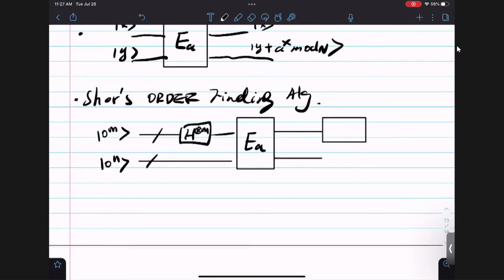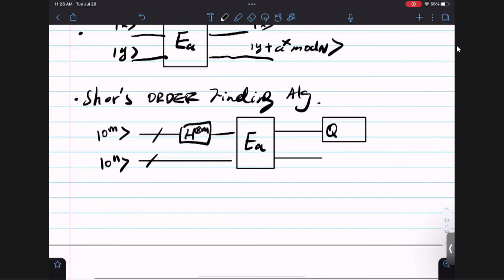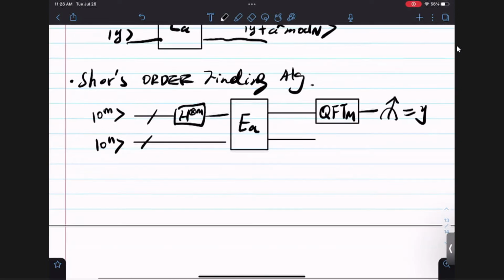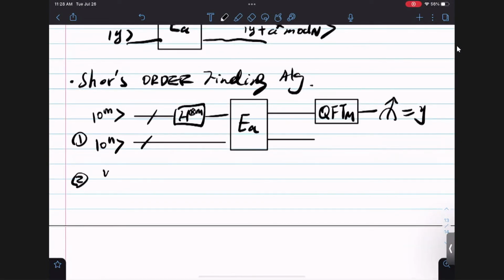The quantum Fourier transform, right? That's what we will need here. And after that, we measure, get some classical string. So again, this is going to be repeated a few times. And from these classical samples, we can compute R by a classical algorithm called continued fractions.